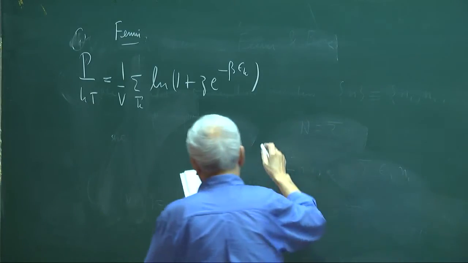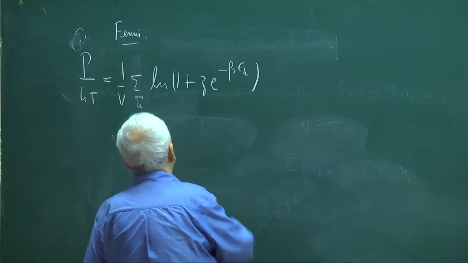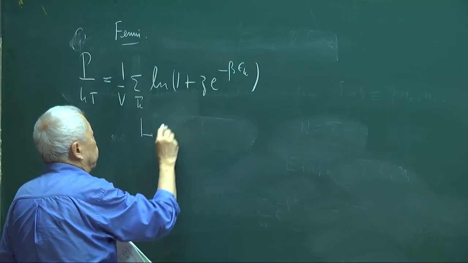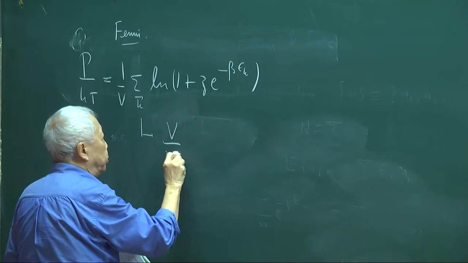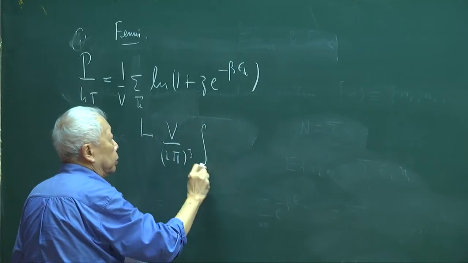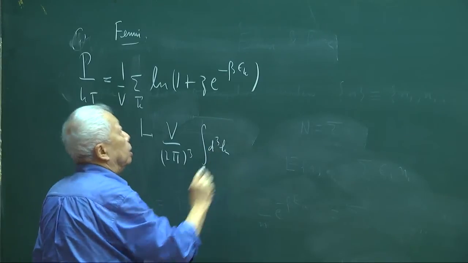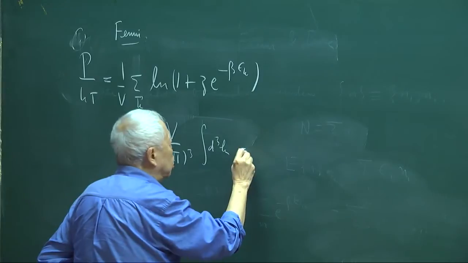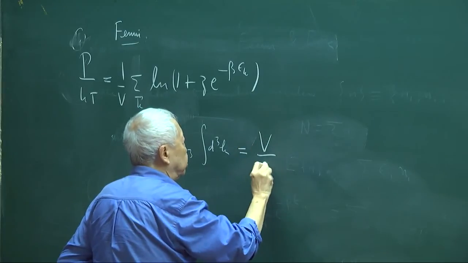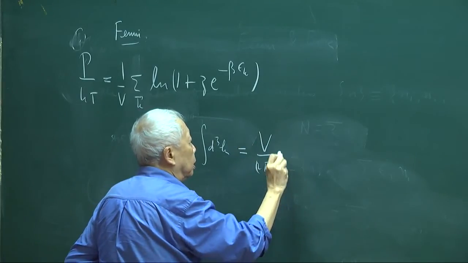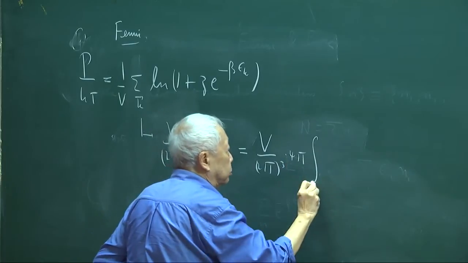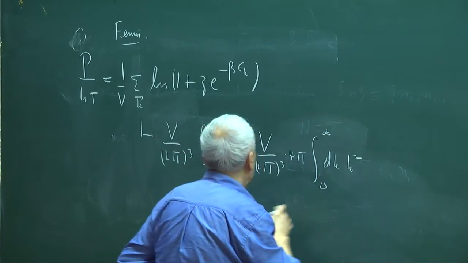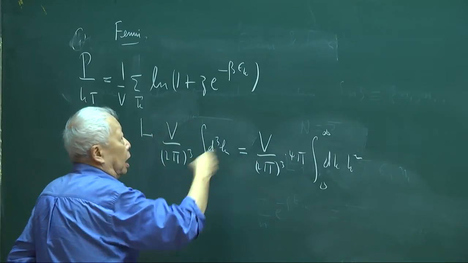And in the thermodynamic limit, when V goes to infinity, this sum over k goes to V over (2 pi) cubed times the integral d3k. But since the integrand depends on the magnitude of k, this also goes into V over (2 pi) cubed times 4 pi times the integral from 0 to infinity dk k squared. Now this V cancels this V, and you have an integral.